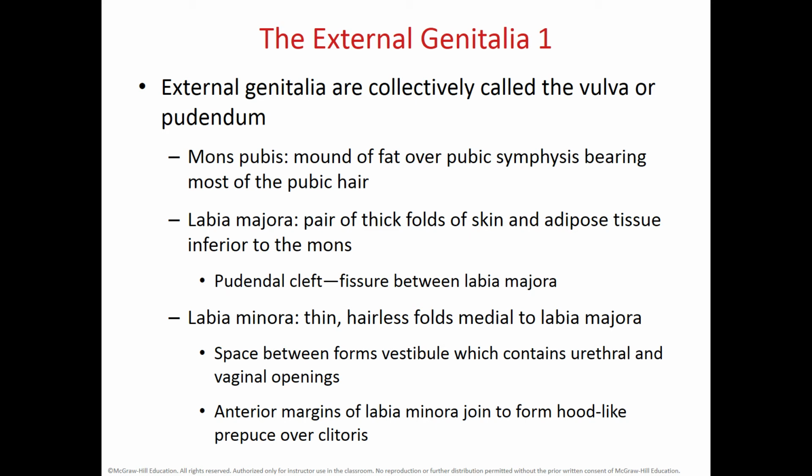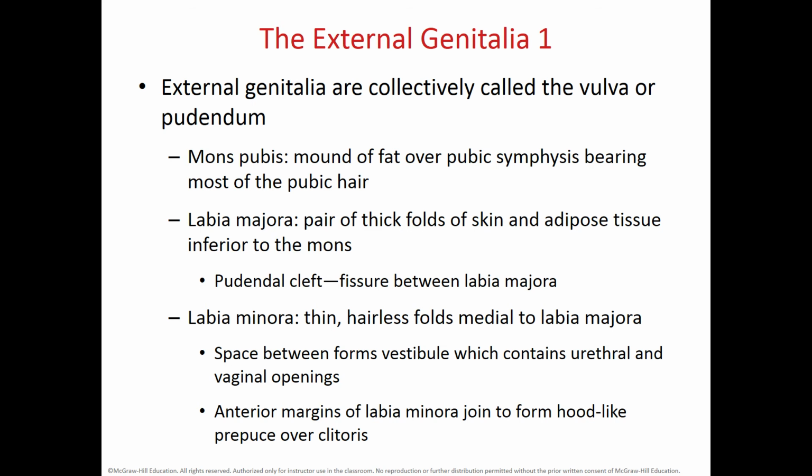It's an amount of fat over the pubic symphysis that has pubic hair. What is the reason for this? We don't like it. Many of us, it looks not aesthetic, if you want to call it that way. Well, it's for protection. What do we have behind the pubic bone? We have the uterus. So we have this fat pad there for cushioning.